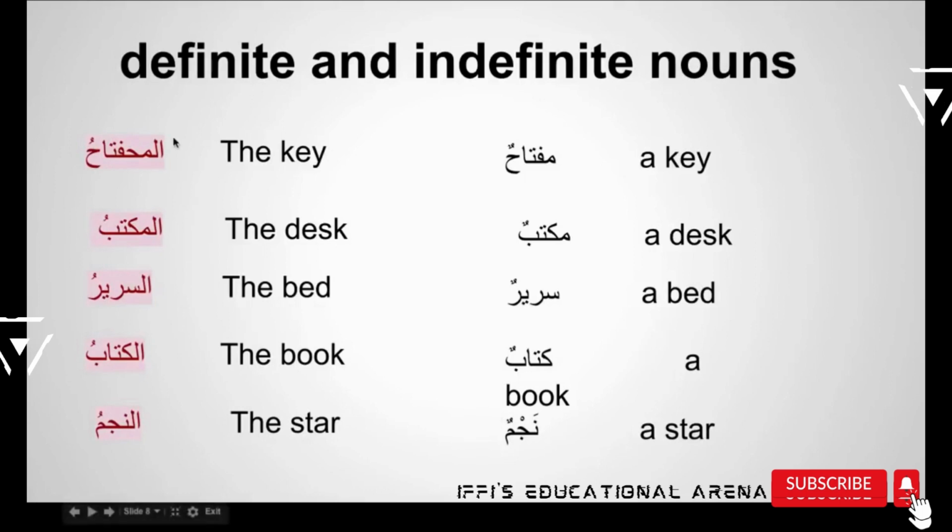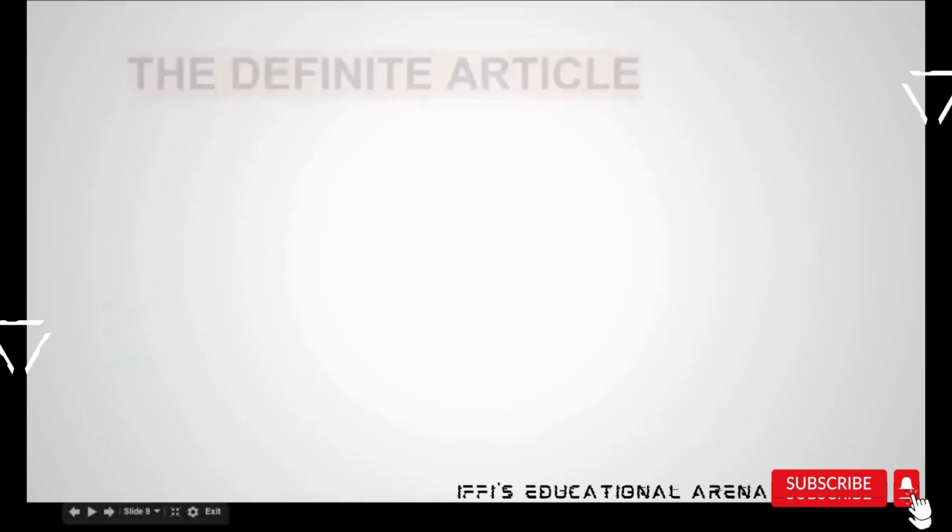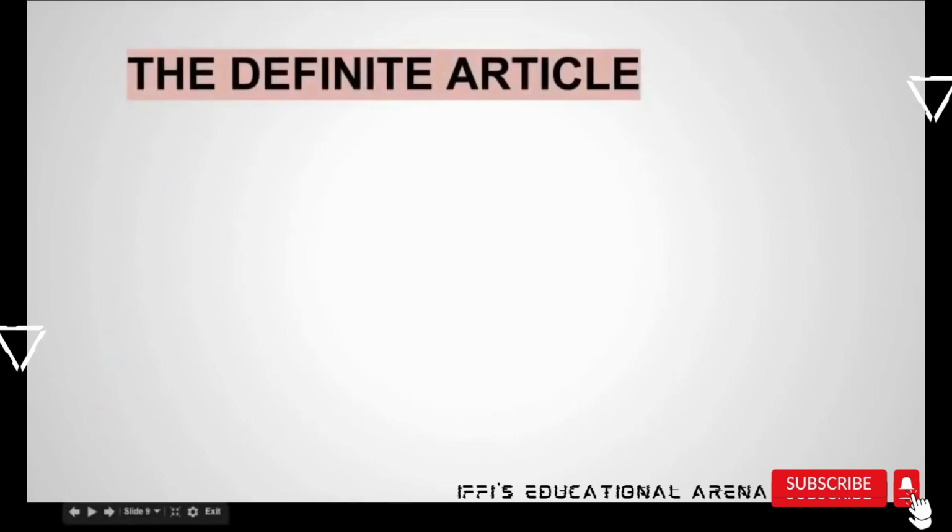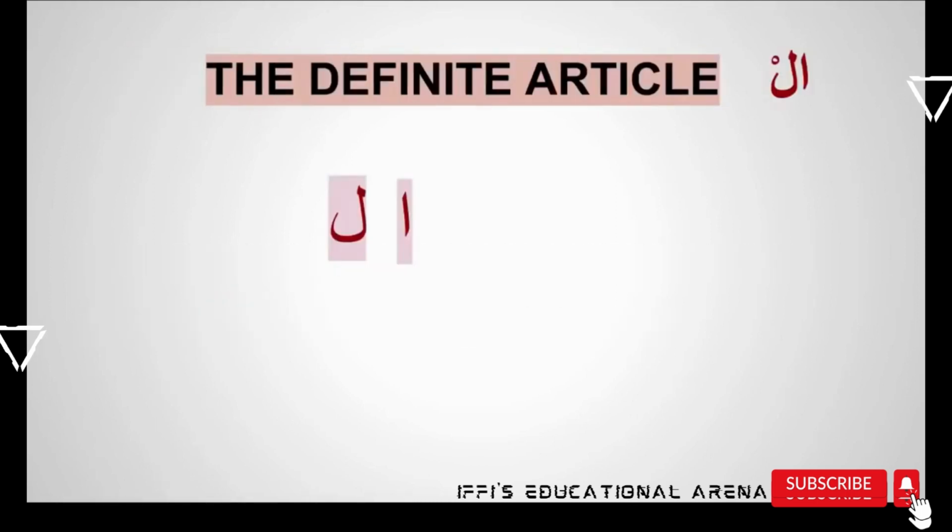We have to learn something more about the word al, the definite article. Al is formed with two letters, alif and lam. Each of these letters has its own special characteristics, which are very important to identify and very easy to remember, inshallah. We will begin with lam.